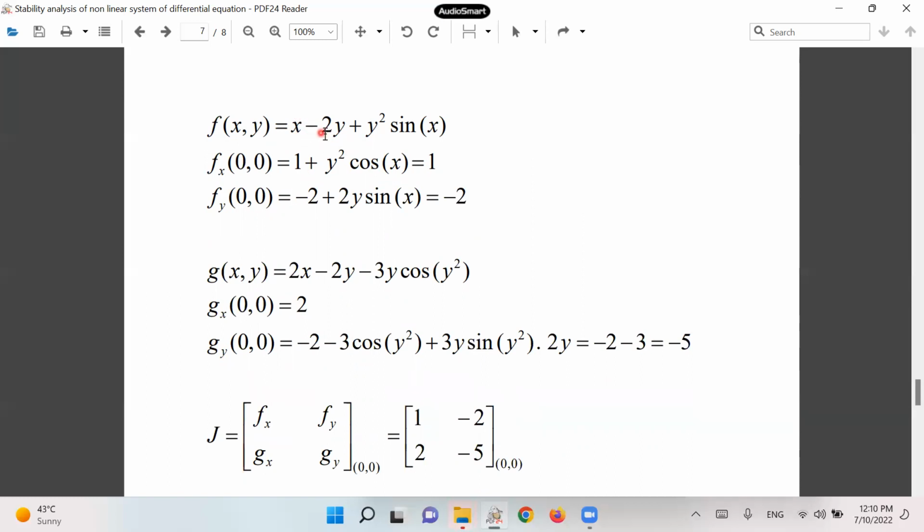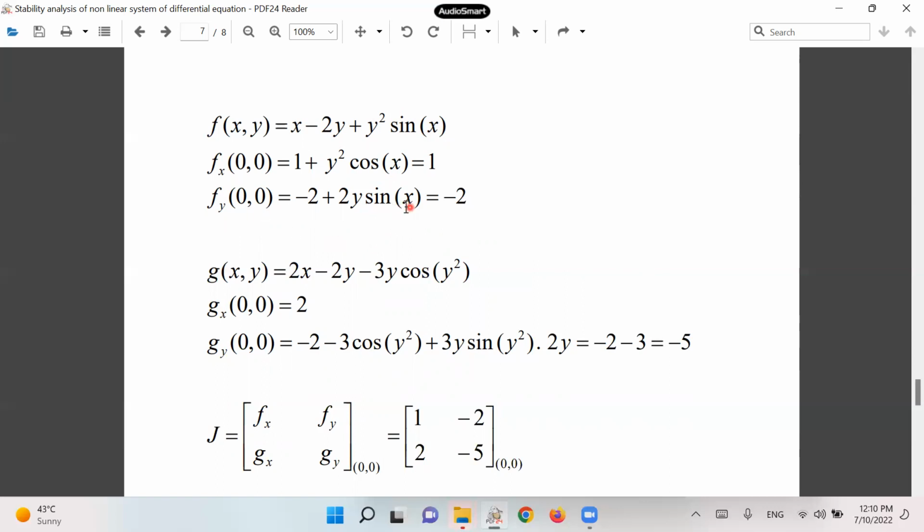Now the derivative of minus 2y with respect to y will be minus 2. And the derivative of y square will be 2y, and sine x will be treated as a constant term, so we write it the same as it is. After that, just substitute x is 0 and y is also 0.